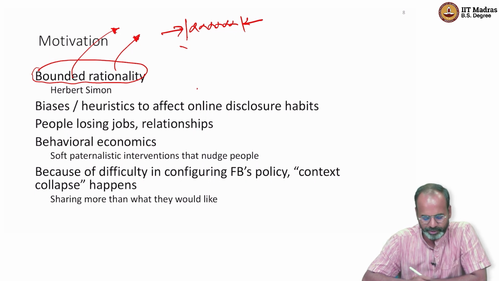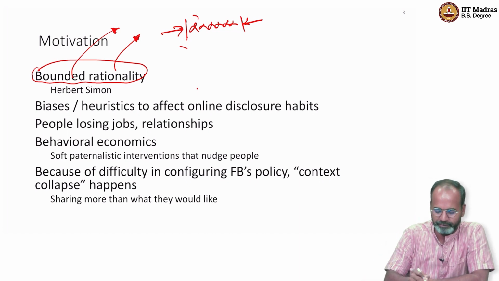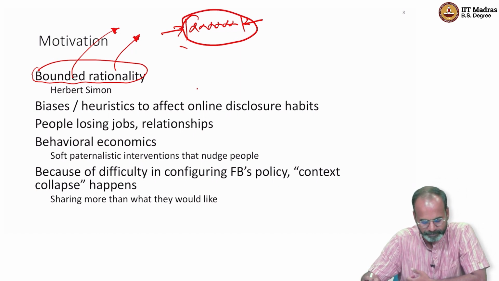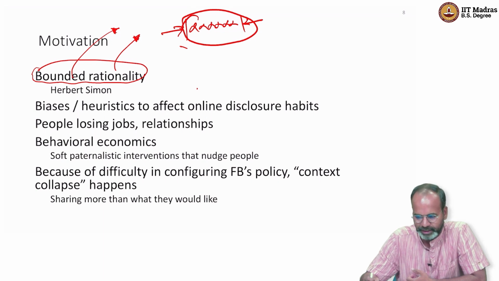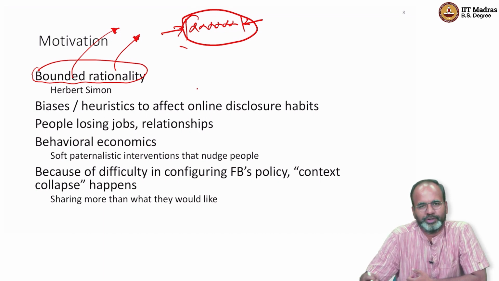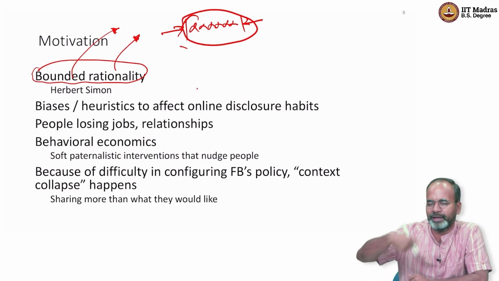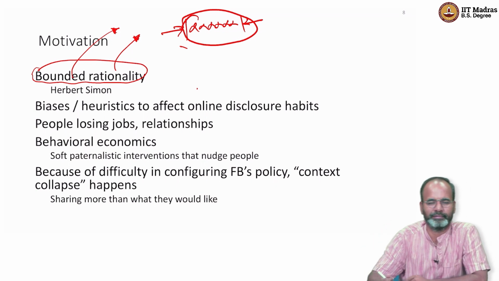So bounded rationality, and Herbert Simon actually received a Nobel Prize for this work, argues that user behavior is within a set of choices that they get. When you're put in a situation, what are the choices that you make? That's what bounded rationality is. These choices are always bounded by a certain set of choices, and only from those do you end up making the decision.